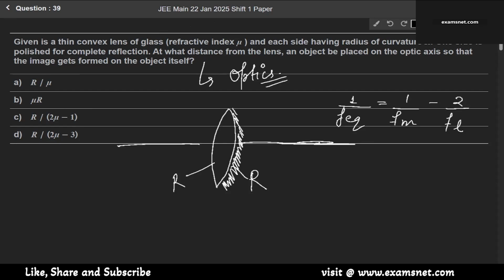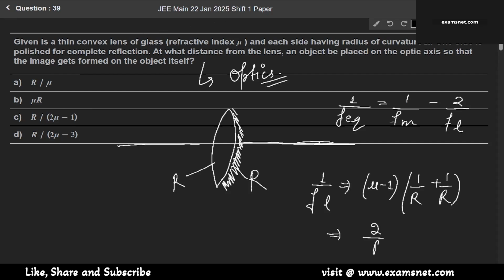First we know that 1 over FL is equal to mu minus 1 over r, since it is having refractive index mu, plus 1 over r, since both the sides have radius of curvature r. So it will be equal to 2 over r times mu minus 1. Okay. And for 1 over Fm, we know that Fm is equal to minus r by 2. Okay.